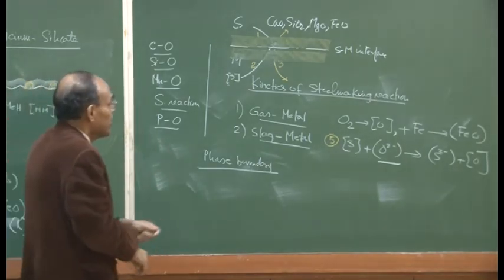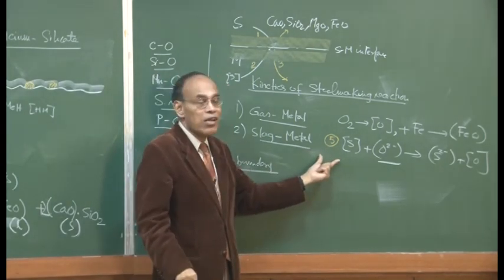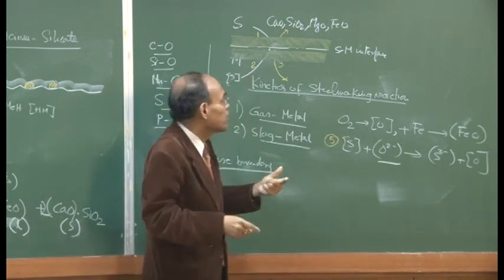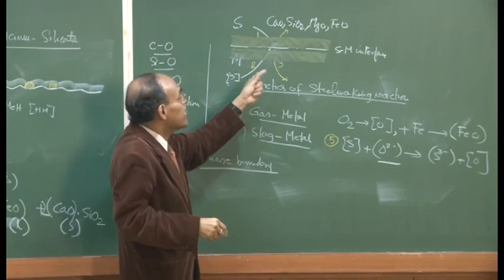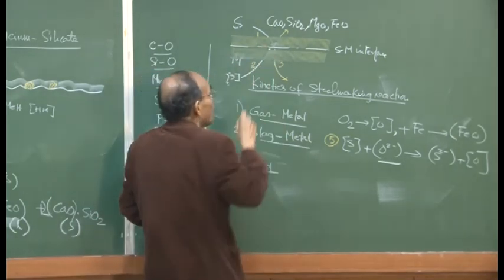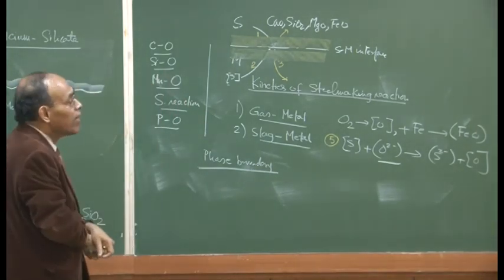So, the kinetics of the reactions, such as desulfurization, rate of oxygen dissolution, and other slag metal reactions, can be characterized mostly in terms of the resistances offered to transport across the boundary layer.